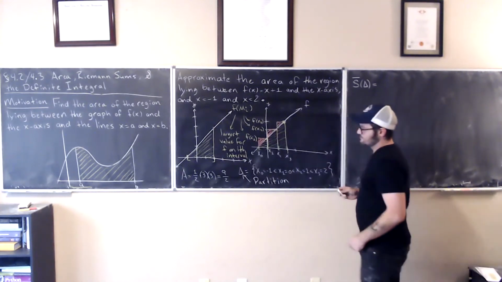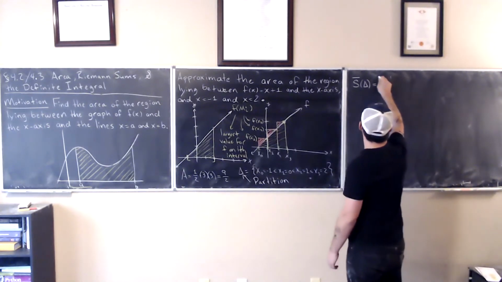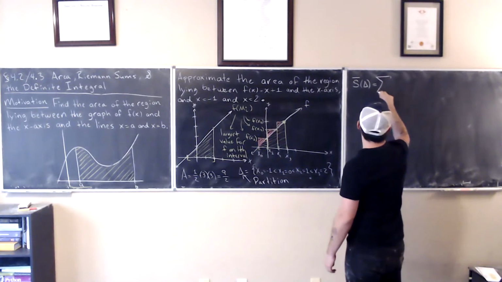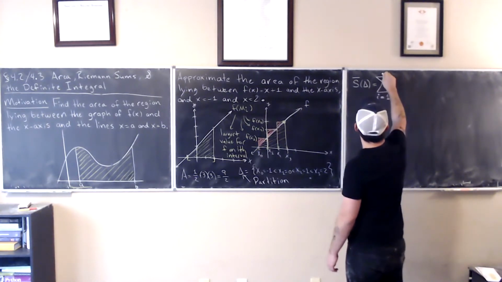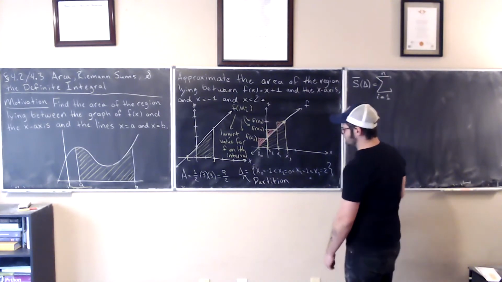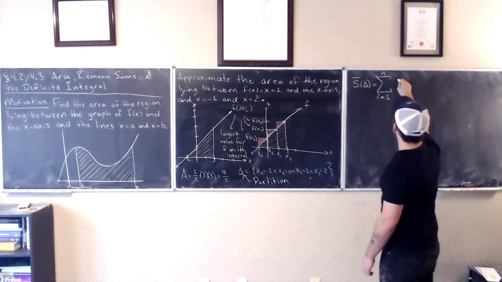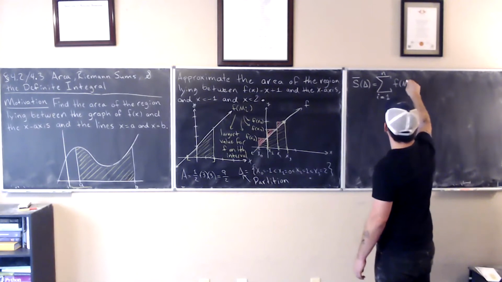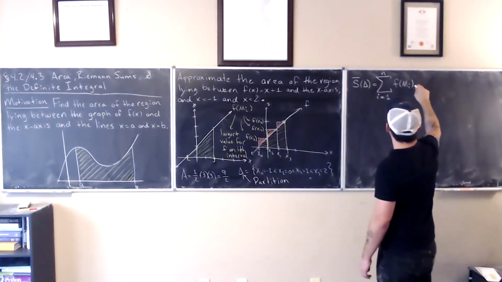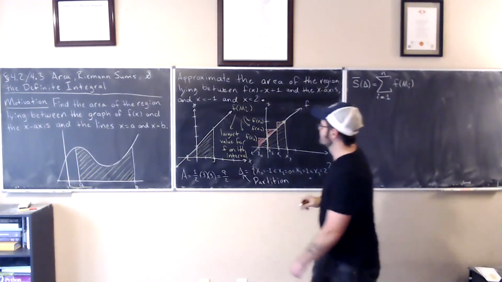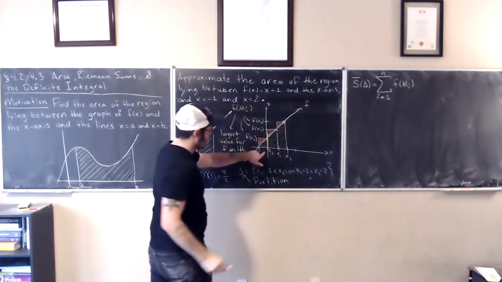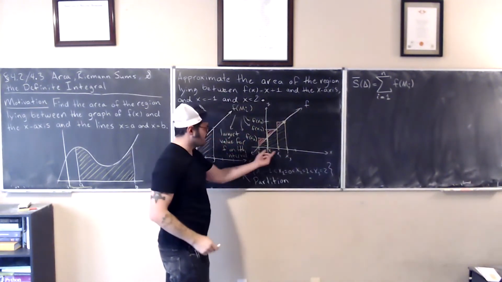So what we're going to do is sum from i equals 1 to n of f of M_i times the width of these partitions, right?